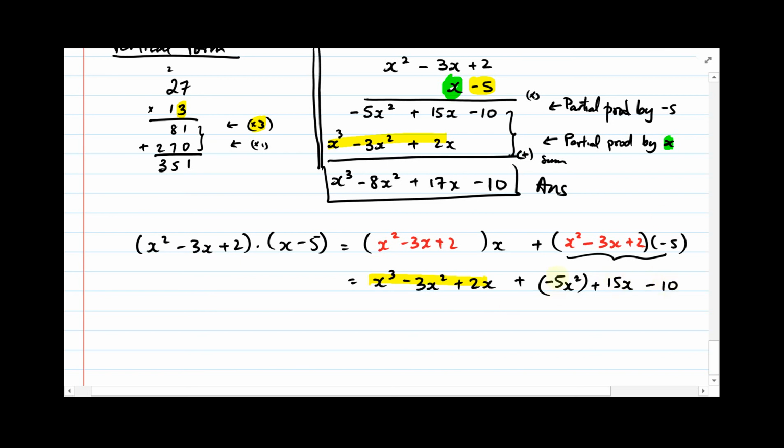I only wrote negative 5 because I've written the plus sign already. Now combine like terms. I have my x cubed, and now these are our squared terms, and the x's need to be combined, and it's exactly the same as I had above. So we end up with the same result, minus 8x squared and plus 17x minus 10.